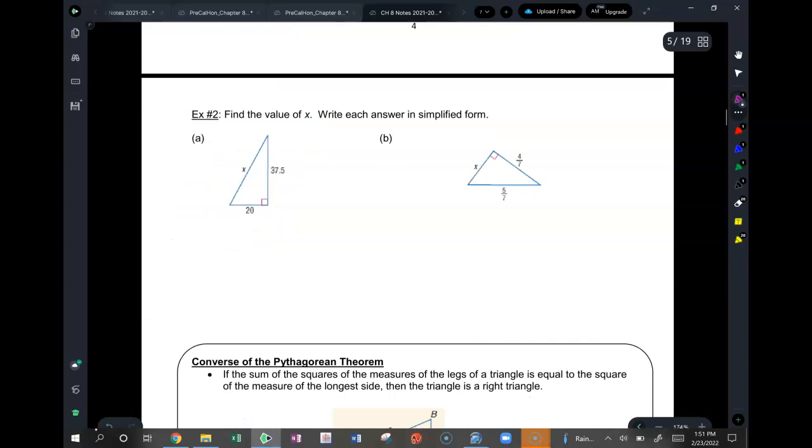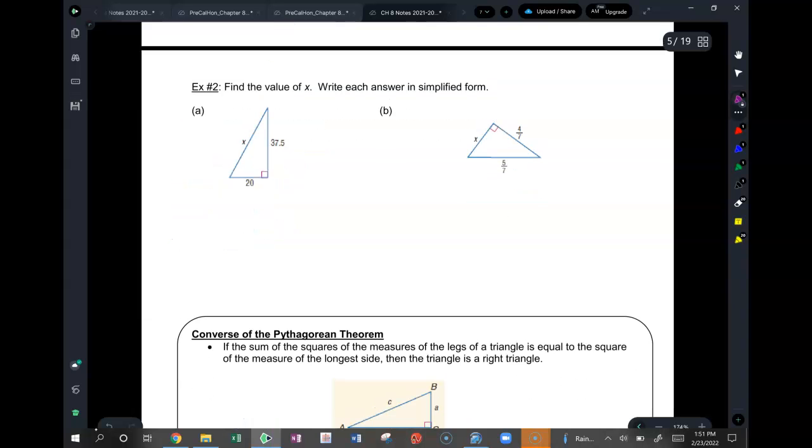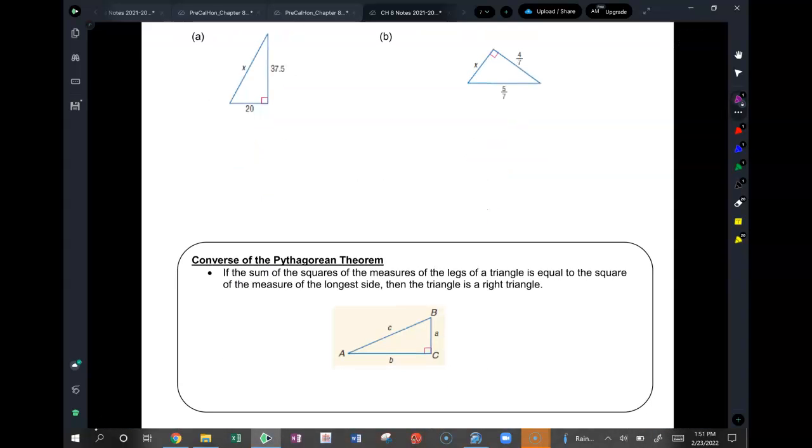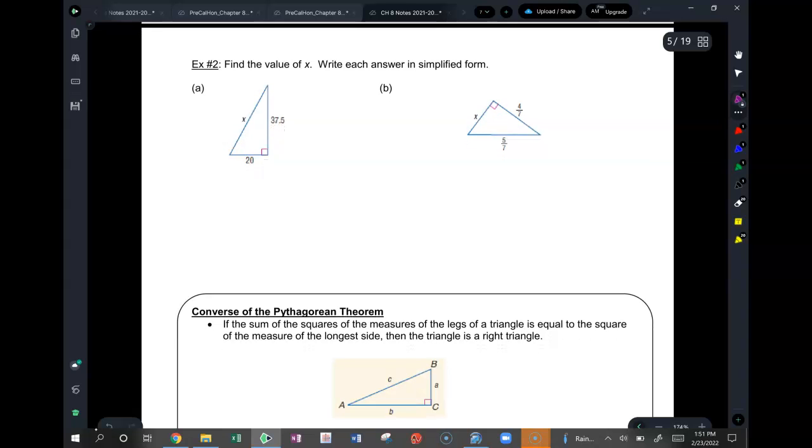All right. So let's move on. Let's use the Pythagorean theorem. Okay, so go ahead and take out your calculators too. Okay. Let's do this. So find the value of x. This is a right triangle, and you have the legs as 20 and 37.5. So this will be 20 squared plus 37.5 squared is equal to x squared.